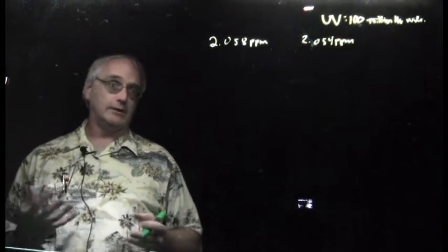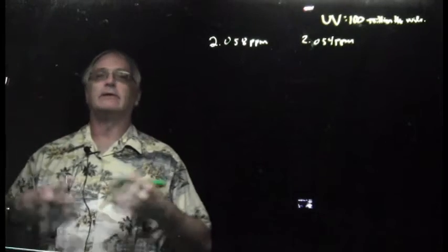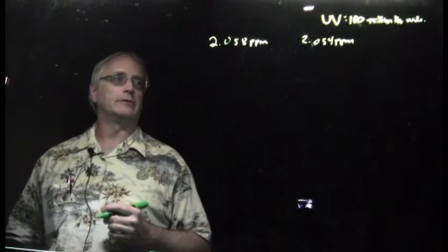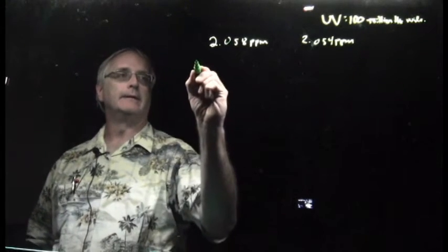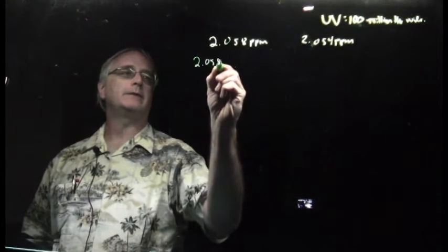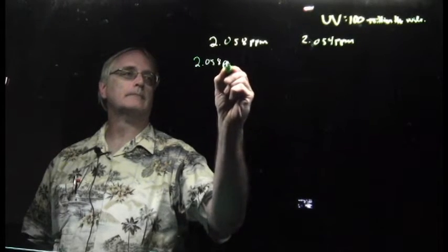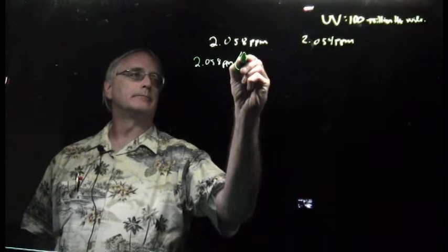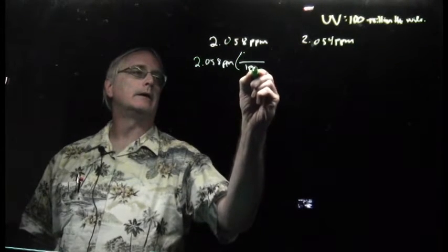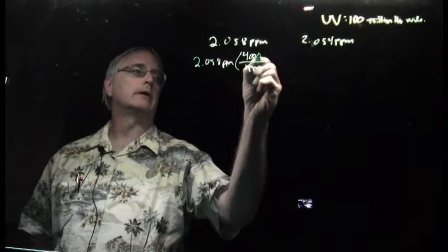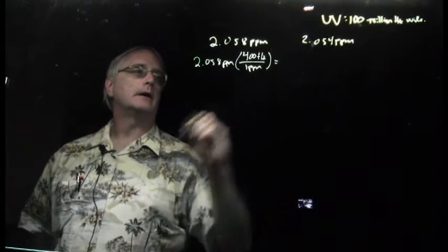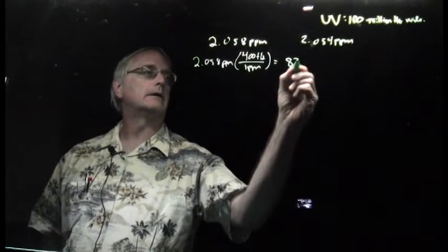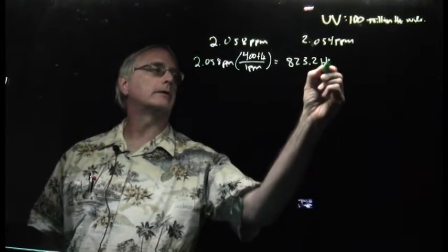Now, ppm, while related to frequency, isn't exactly frequency. We've already talked about converting ppm into hertz and that chemical shift business. I'm going to take the 2.058 ppm, and on our particular instrument, remember, 1 ppm is 400 hertz on proton. That gives me a value of 823.2 hertz.